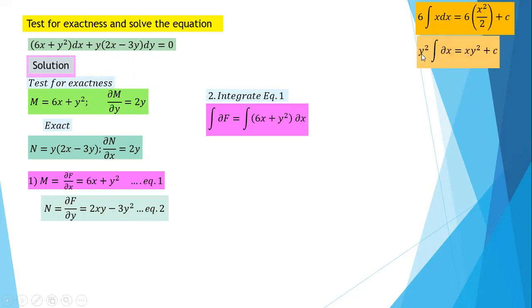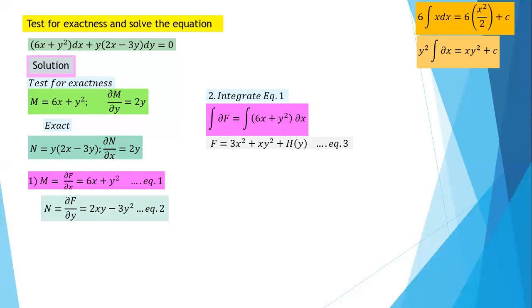For y², the integral with respect to x gives xy² plus c. So the result is f equals 3x² + xy² + h(y), and we denote this as equation 3.